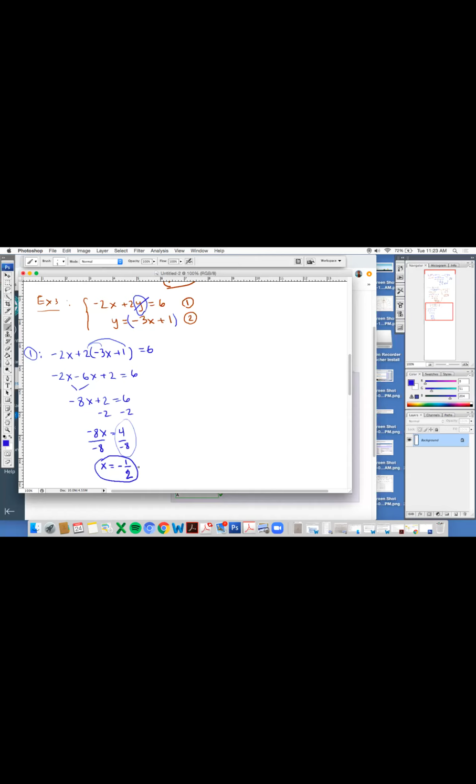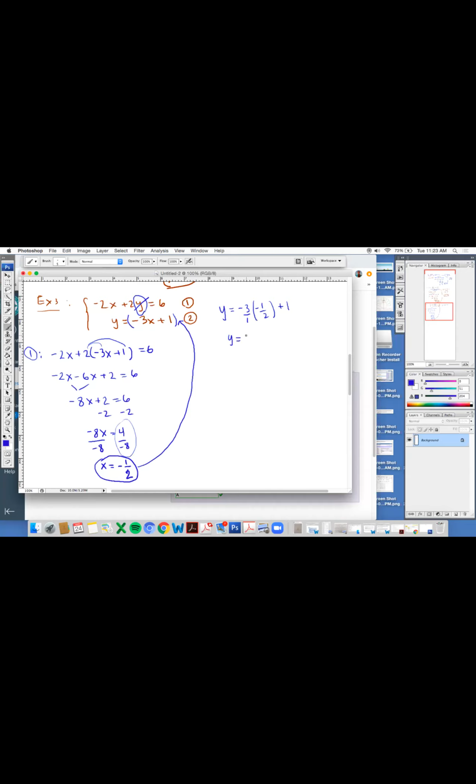All right, so next step, I'm going to take this and plug it into here. So y is negative 3 times negative 1/2 plus 1. Let's do the fraction.